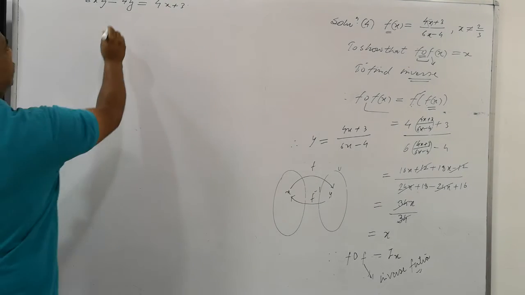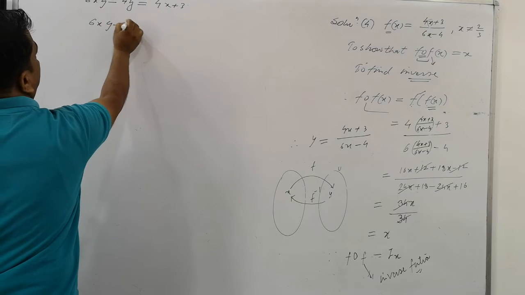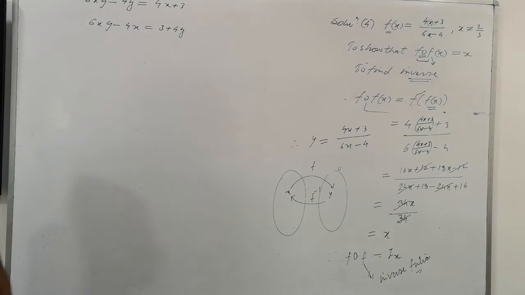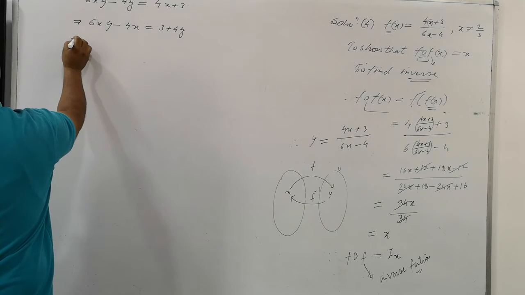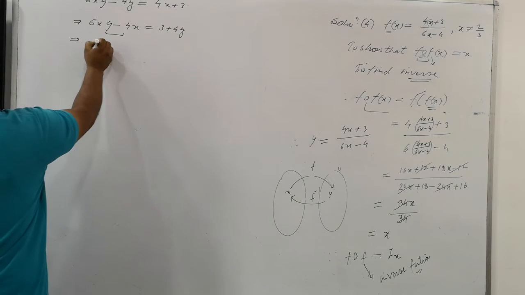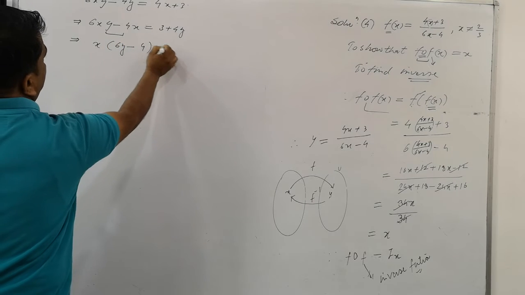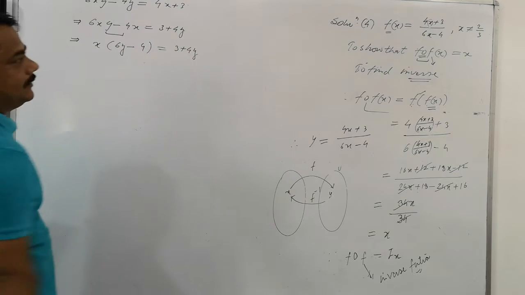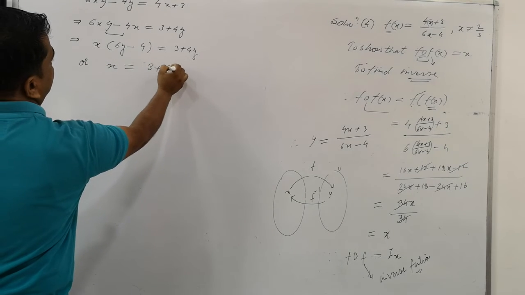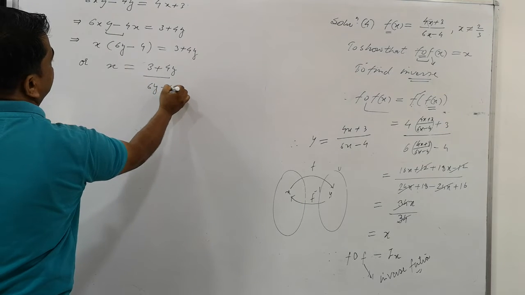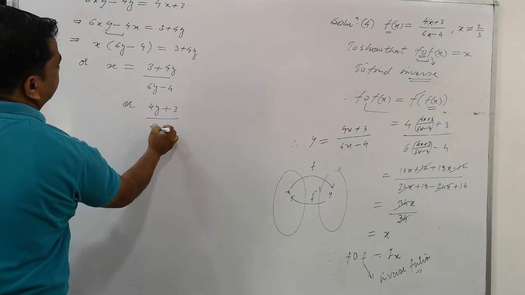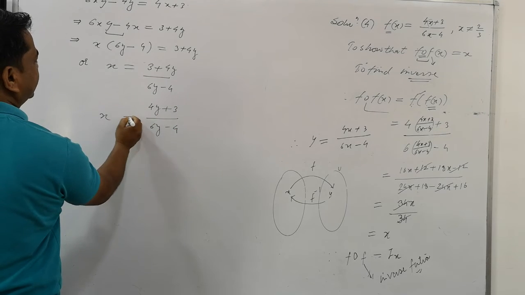Here 6xy minus 4x is equal to 3 plus 4y. Is that clear now? What is common in them? x is common, so x times 6y minus 4 is equal to 3 plus 4y. This can also be written as x is equal to 3 plus 4y divided by 6y minus 4, or 4y plus 3 divided by 6y minus 4. This is your inverse function.